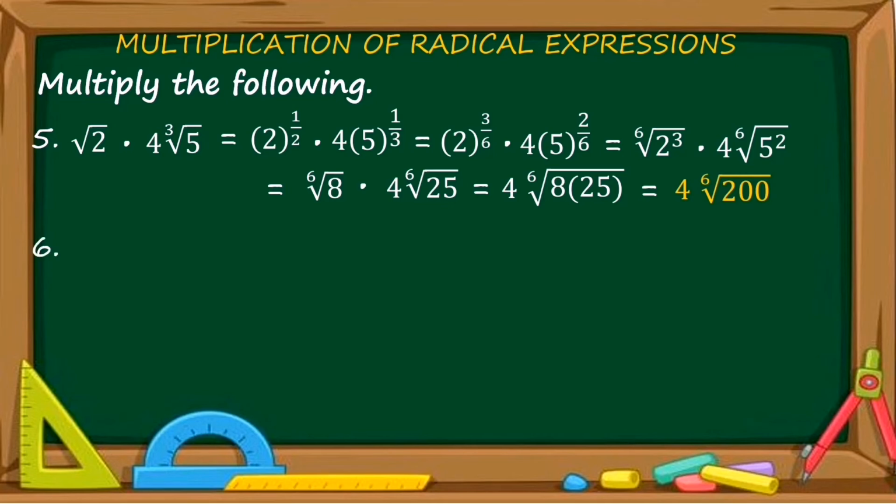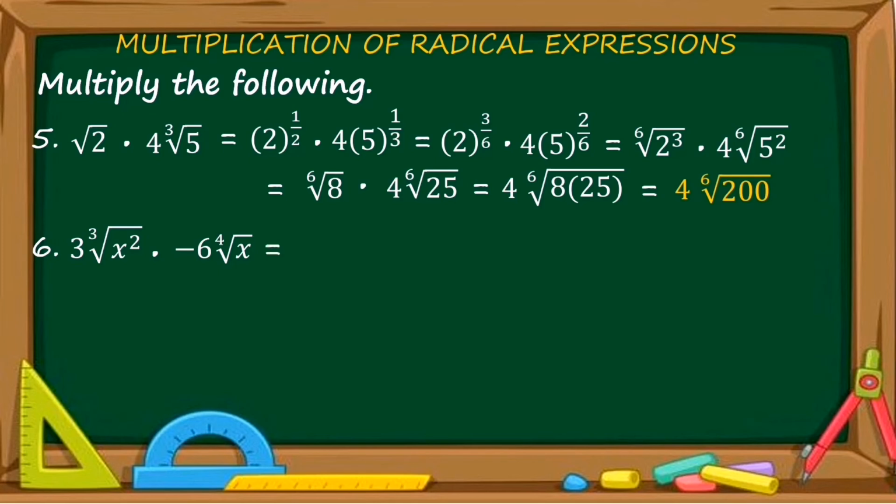Then number 6: 3 cube root of x squared times negative 6 fourth root of x. The same with number 5, they have different indices. The first one has the index of 3 and the second one has the index of 4. So we need to write this into rational exponents.